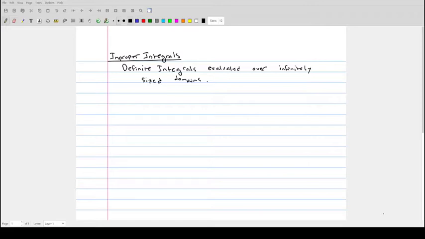So specifically in Calculus 2, we've developed this idea of the definite integral or the accumulation of a function.